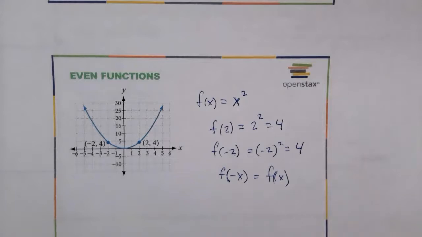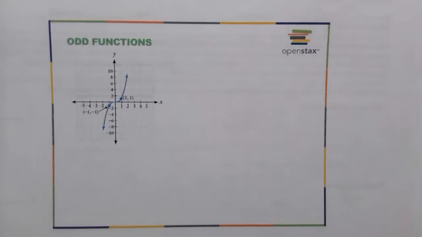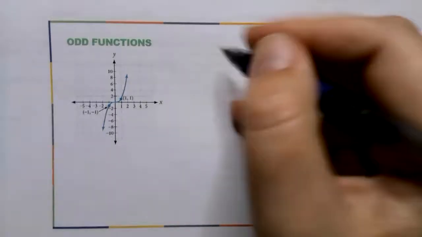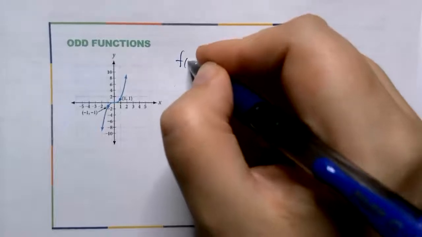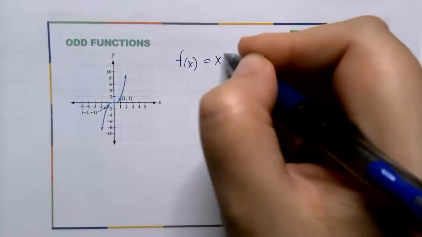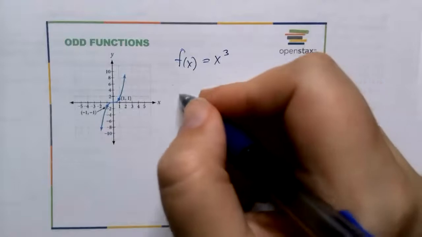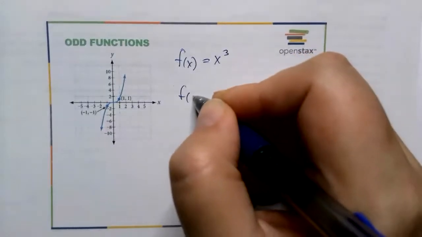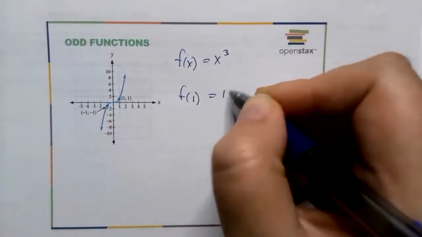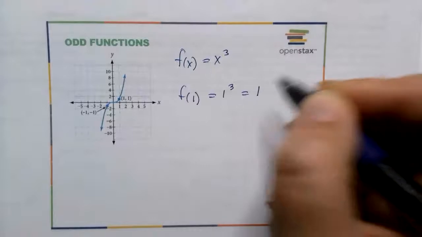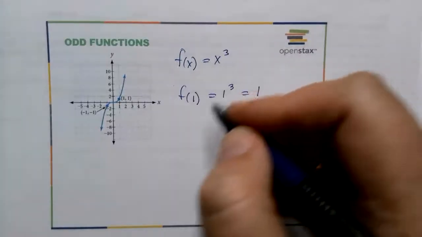Now, what about odd functions? Well, one of the famous odd functions that you know is x cubed, the cubic function. For example, if you put in positive 1, this function cubes it and you get a positive 1 as an output.